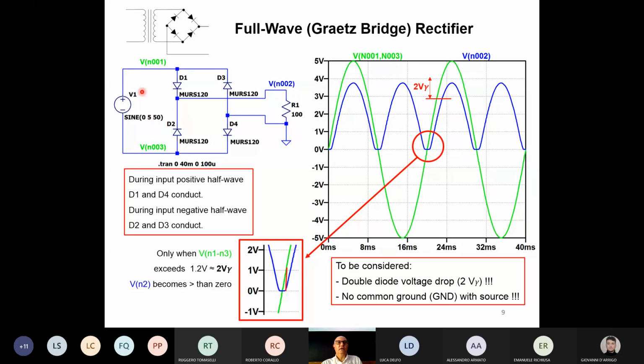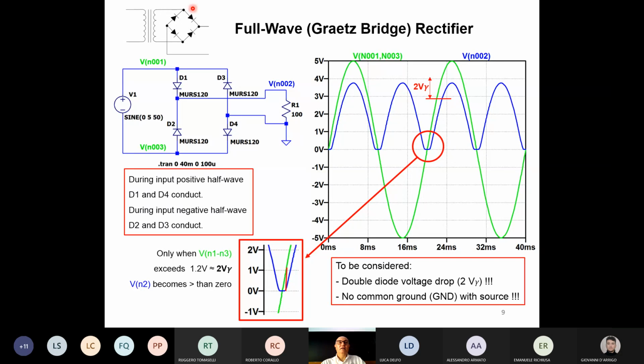So again, I'm using a 5 volts sinusoidal generator, and I'm using the Gratz bridge rectifier. Usually the Gratz bridge rectifier is designed like this, in a rotated square, let's say. Losange, I don't know in English how to say.